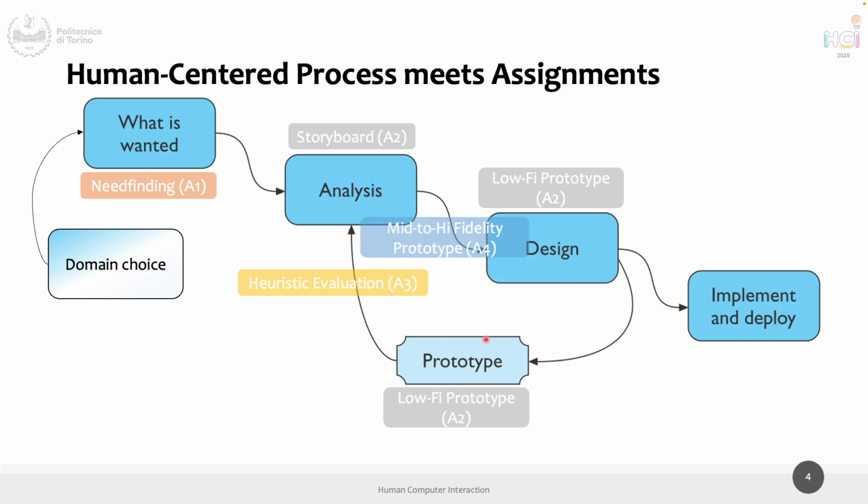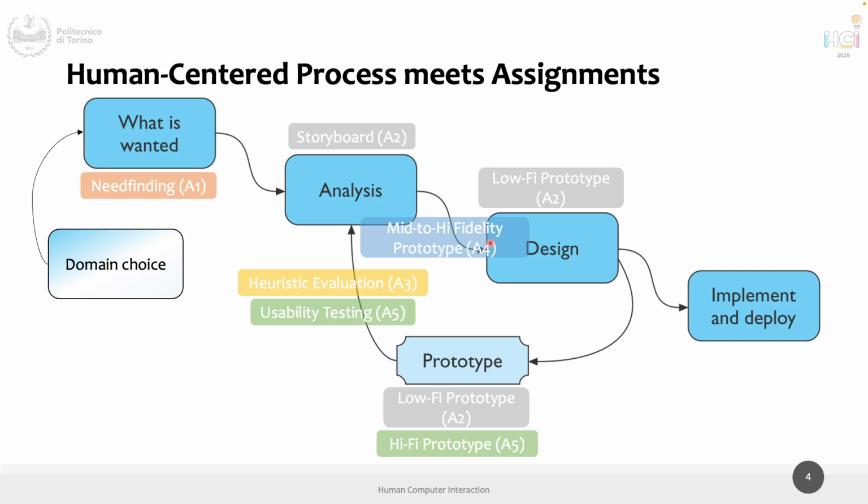Another cycle that will be done, as I was saying, very, very shortly, this path between analysis and design for the medium to high fidelity prototype, and then the design of the initial low fidelity prototype, tweaked with the changes from the medium fidelity prototype, will bring you to the implementation and to the creation of the high fidelity prototype, that is assignment 5.